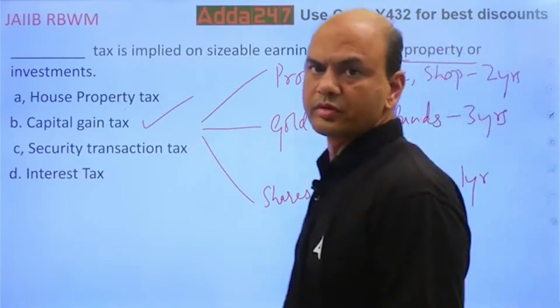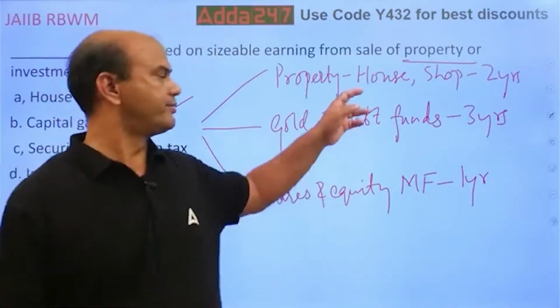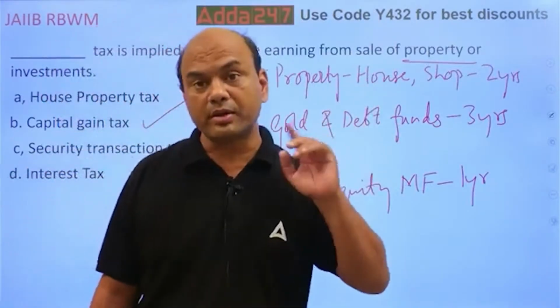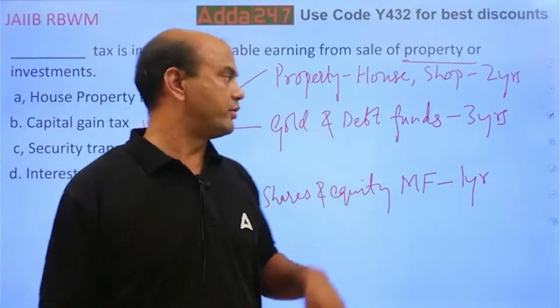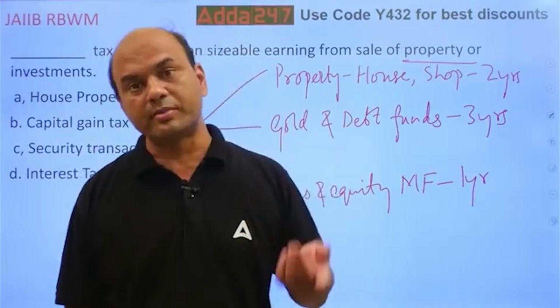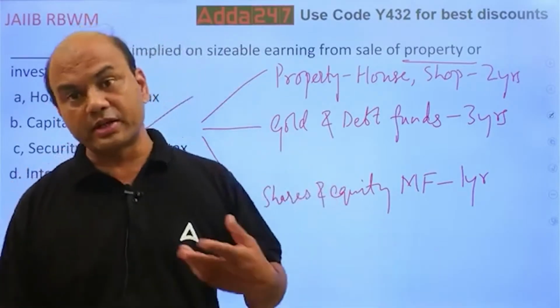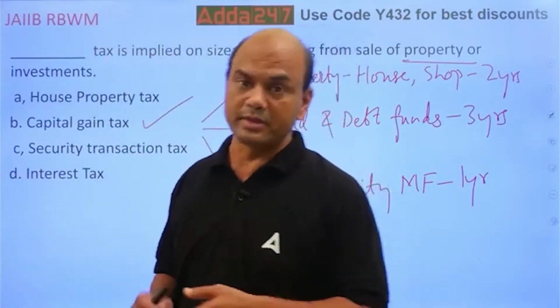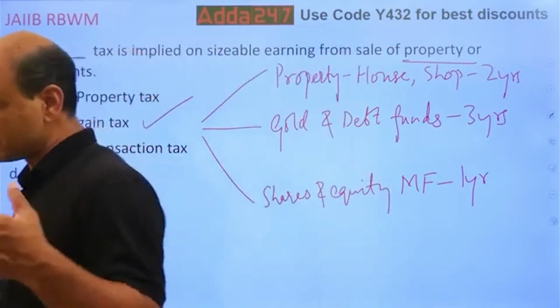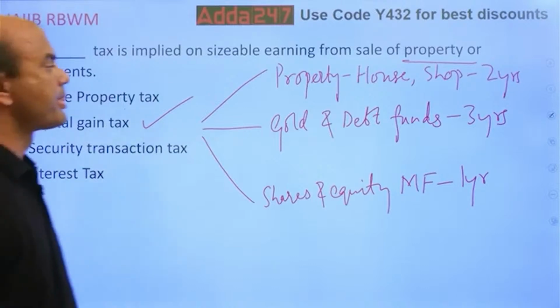If you sell any property after 2 years, it will fall under long-term capital gains. If you sell any gold after 3 years, it will fall under long-term capital gains. If you sell any equity share after 1 year, it will fall under long-term capital gains. So this long-term and short-term bifurcation is very important. Remember this.